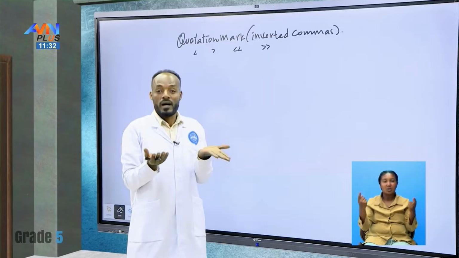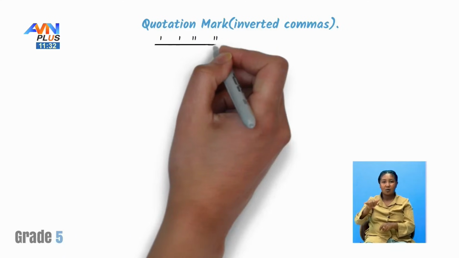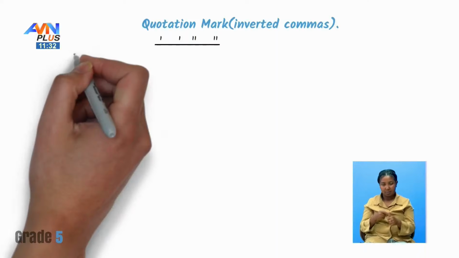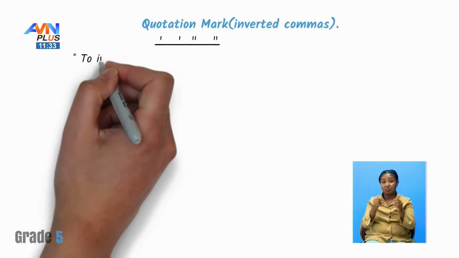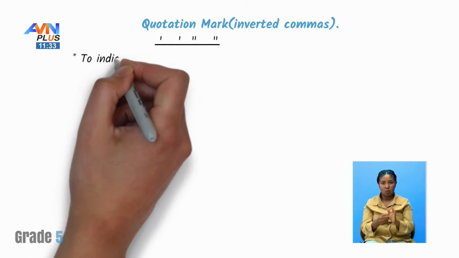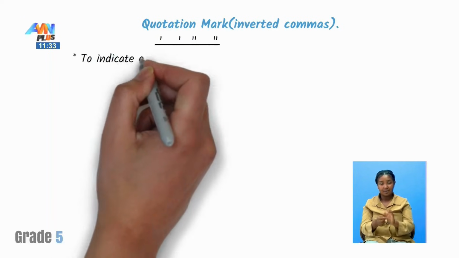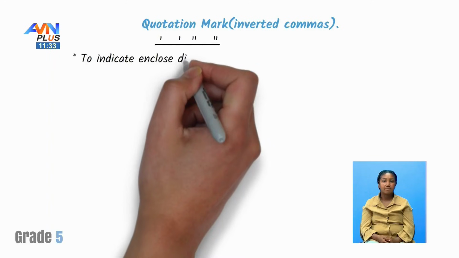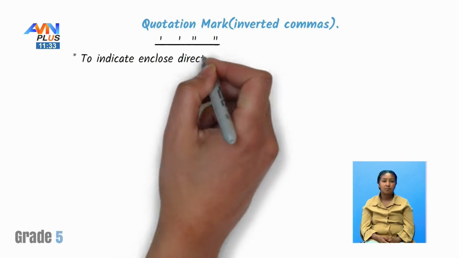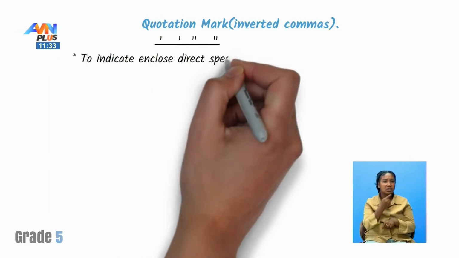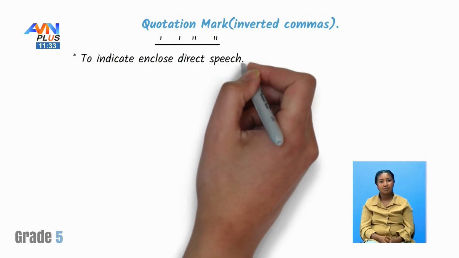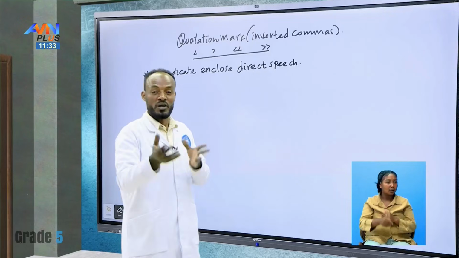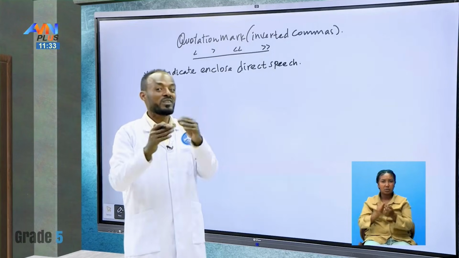So when do we use such punctuation marks? One, we use them to indicate direct speech. Direct speech means what someone says directly without changing what has been said.